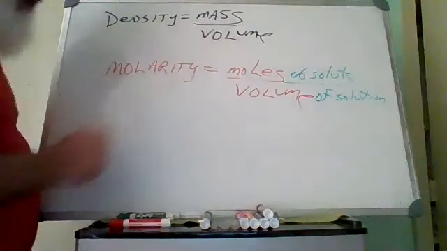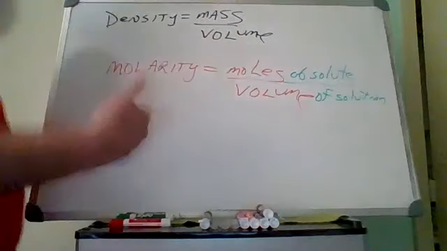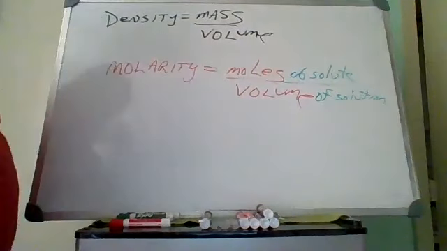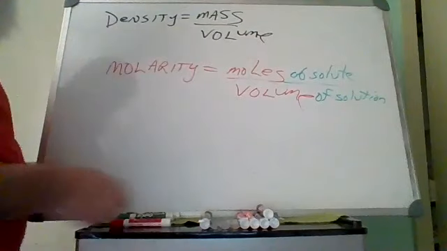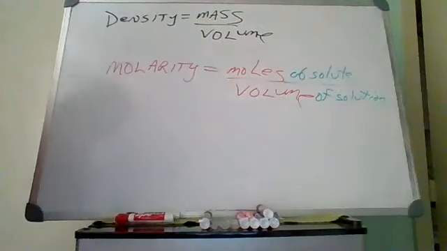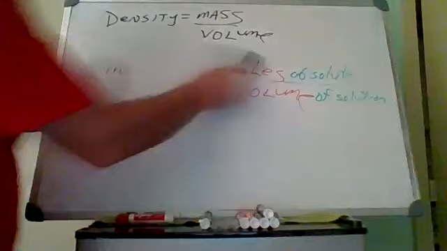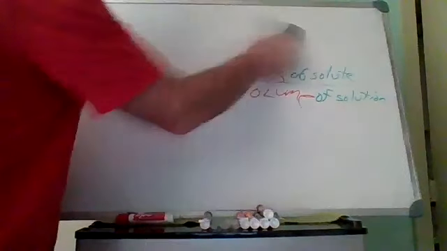If I write volume here and we work it like that, quite often students will forget to convert the milliliters to liters. So their answer will be off by a factor of 1,000. Okay, so we're going to get started here. Let's look at a problem. We'll start out with some easy ones and then build up to harder ones.